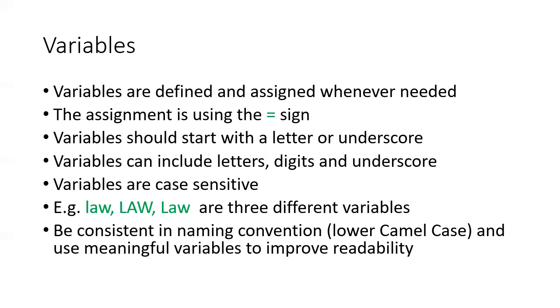You don't have to do this in Python. Python will infer the type of the variable by whatever you assign the value to it. So when you create a new variable, you just assign a value to it, and Python will automatically determine the type for you. So that's really kind of nice.